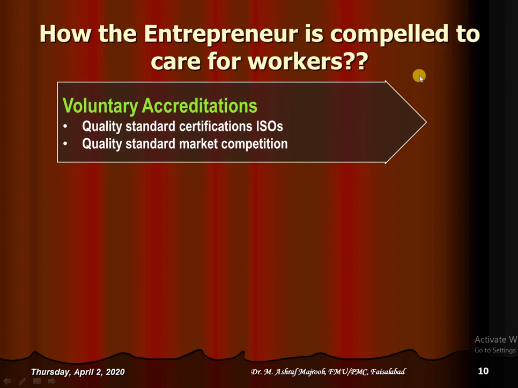The industrial owners have to get certification for the quality standards from international standard organizations, and these certifications include the workers' protection and all those laws' implementation. And due to these quality standards, they have to maintain and care for the health of the workers.